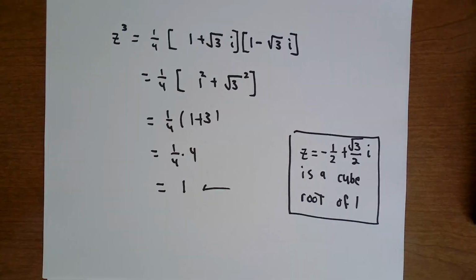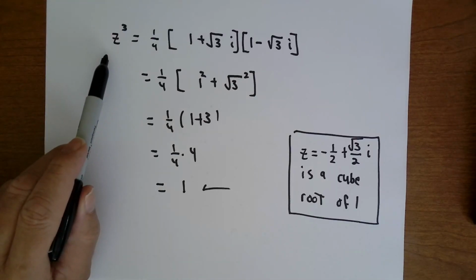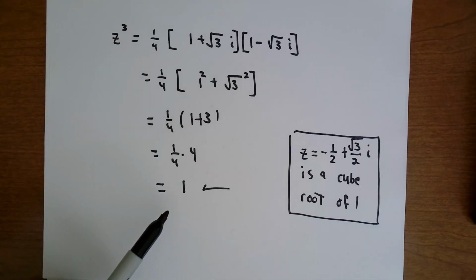After doing the arithmetic, I find out that if z is negative 1/2 plus radical 3 over 2 i, then z cubed is 1. That says that this complex number is a cube root of 1. If you check the other one that we listed, you'll find out that it works too.